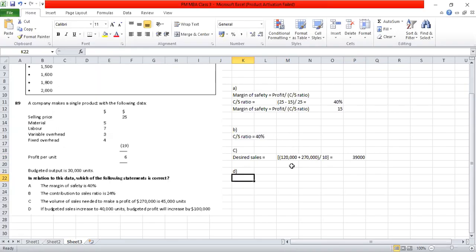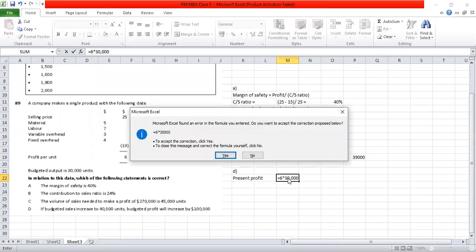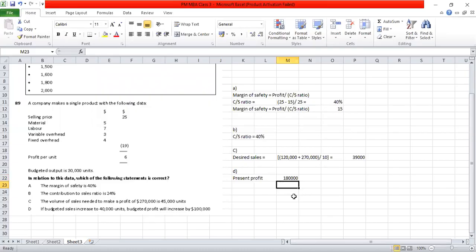What is the present profit? 6 into 30,000 is 180,000.